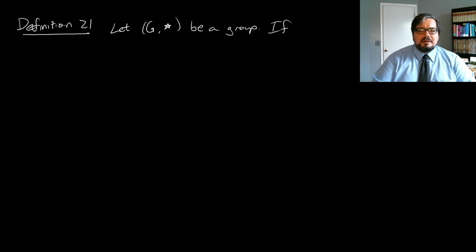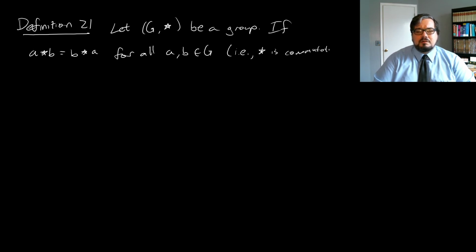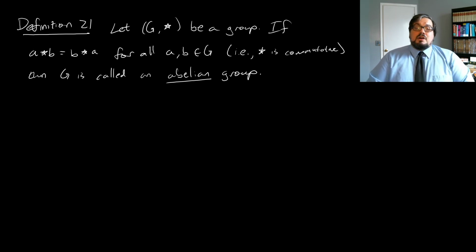If A star B equals B star A for all A and B in G, that is, star is commutative, then G is called an abelian group. The term abelian is named after one of the great algebraists of all time, Abel, A-B-E-L.